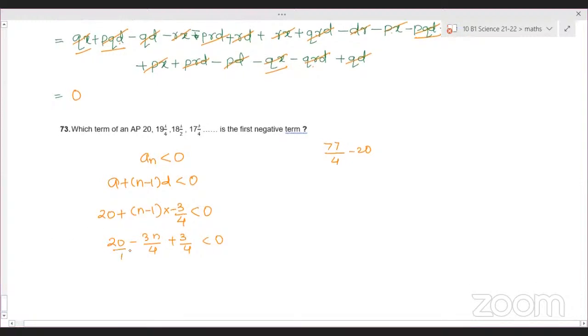So this is 80 plus 3, 83 by 4 minus 3n by 4 less than 0.